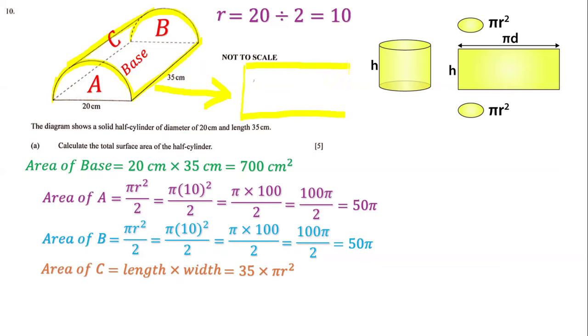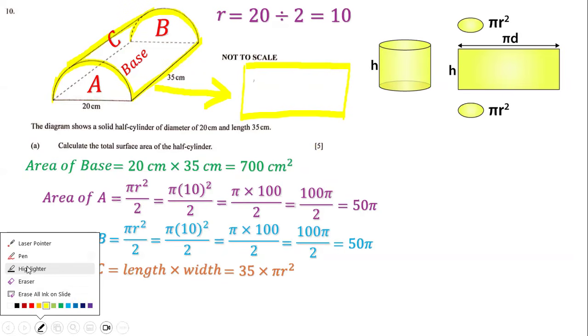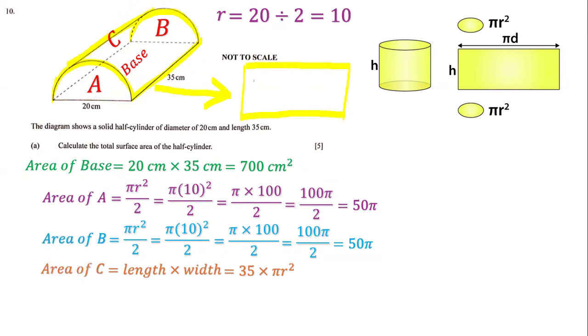It's actually a rectangle. Now, what is the length of this rectangle? Well, the length of this rectangle is going to be, so we have the length and the width.